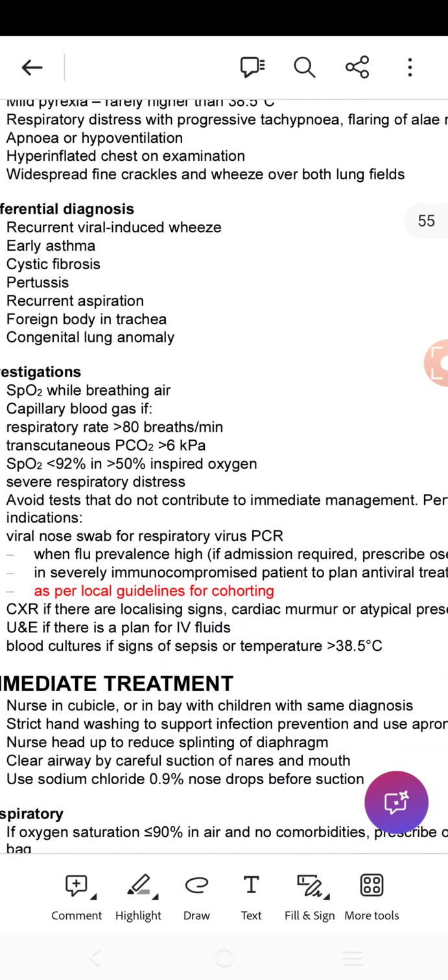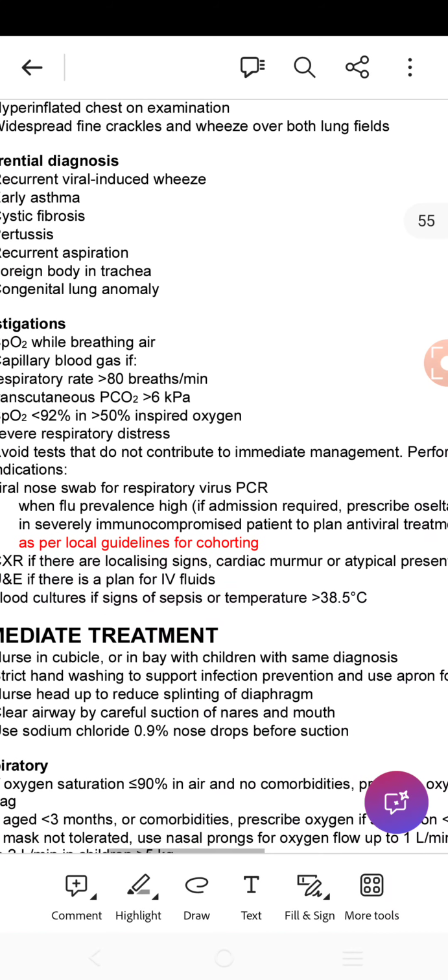Then ask the medical staff to wear gowns and gloves. This is regarding prevention of the spread of this infection to other people.